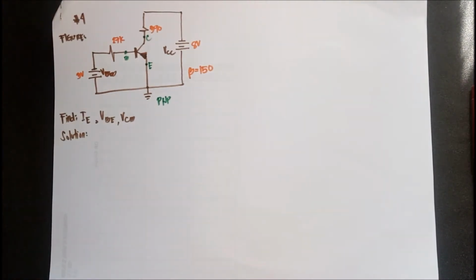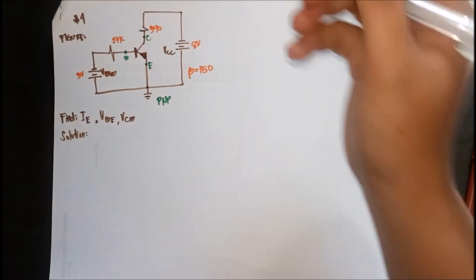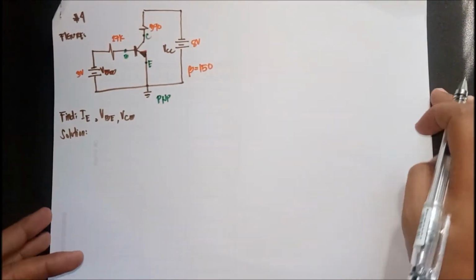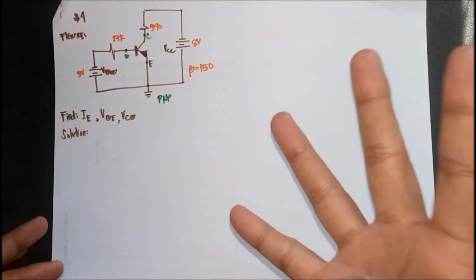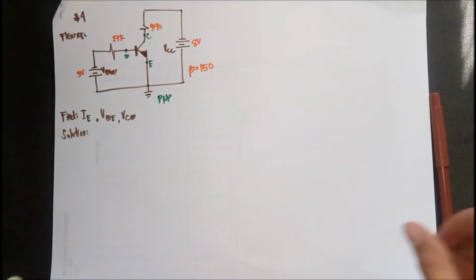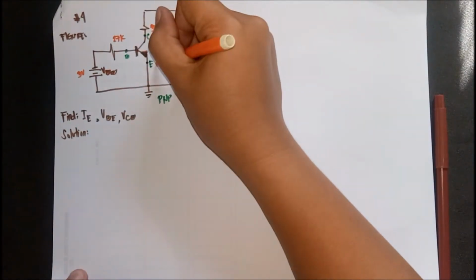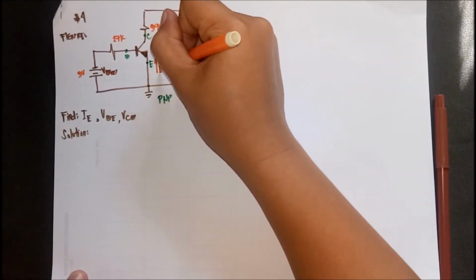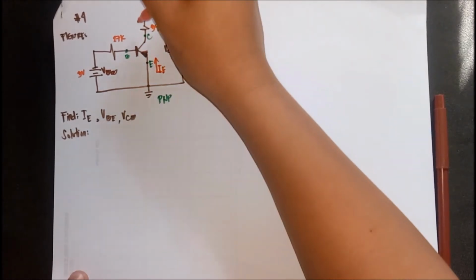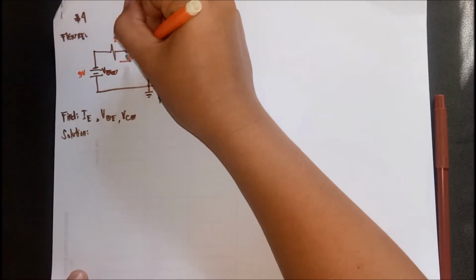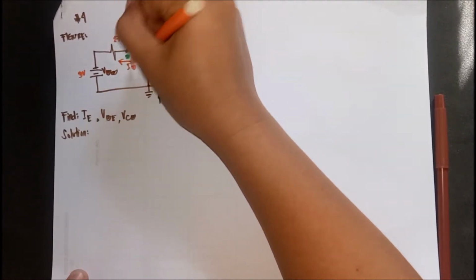Now, gusto ko lang i-draw yung ating diode, or yung ating BE junction. Kasi medyo iba yung approach dito. Yung ating emitter, yung flow ng kanyang current is papunta dito. Okay, ayan si IE. Pag ganito naman si IC, palabas naman si IB.